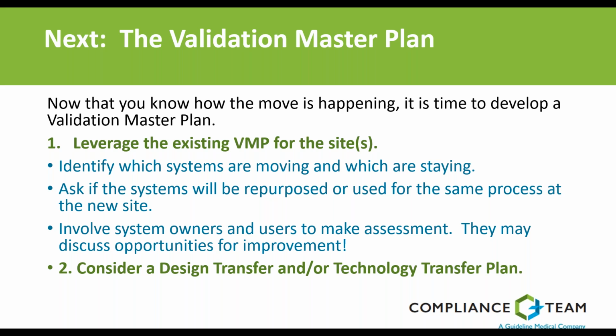So the first thing is to say what's moving and what's staying, because if you're just taking some systems and moving them and keeping other ones there, you need to maybe split those validation master plans into site A and site B. And a lot of times these relocations are associated with introduction of a new product line, which means that an old system may be repurposed to something new.